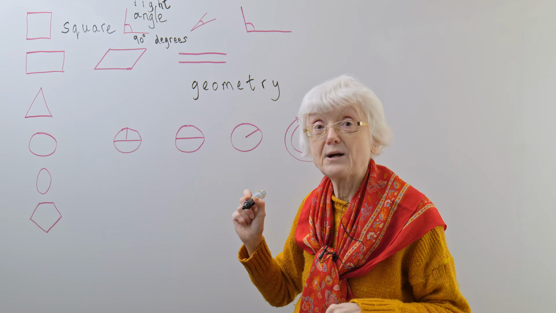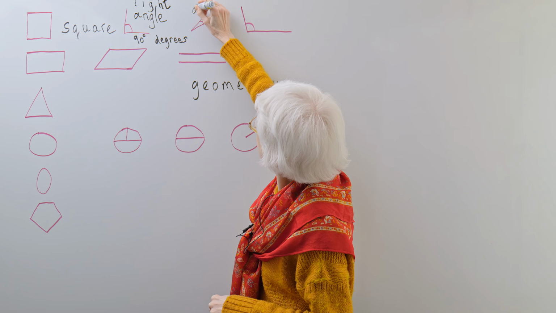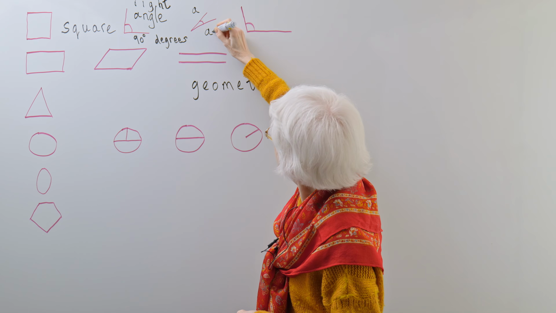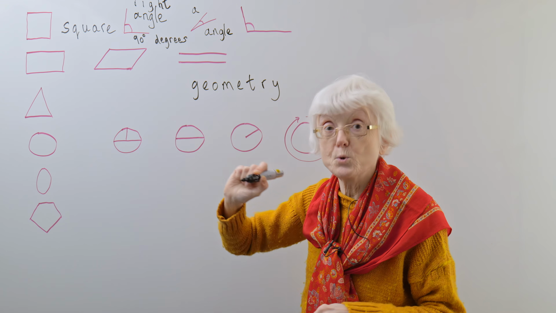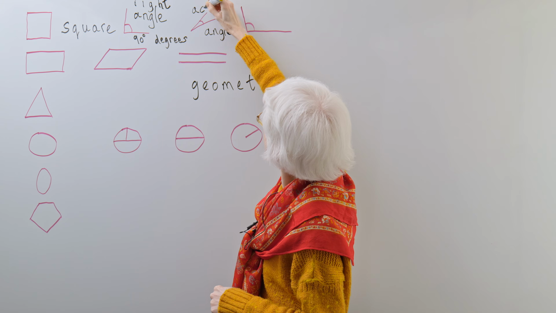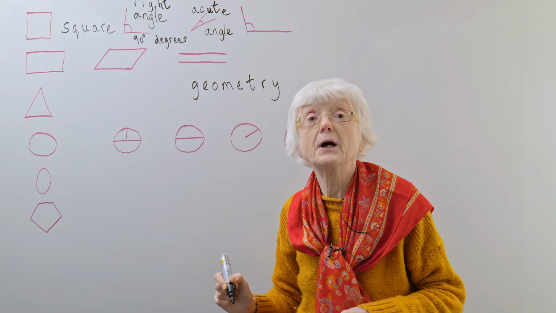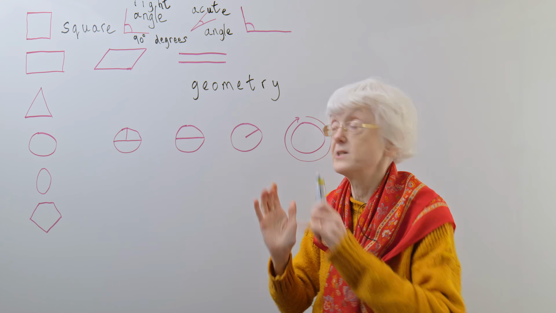Don't know if you can think of it. It begins with an A. So a something angle, an acute angle. So that's an acute angle because it's very sharp and pointed.